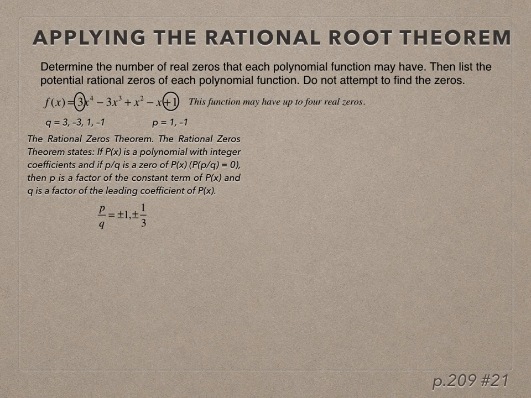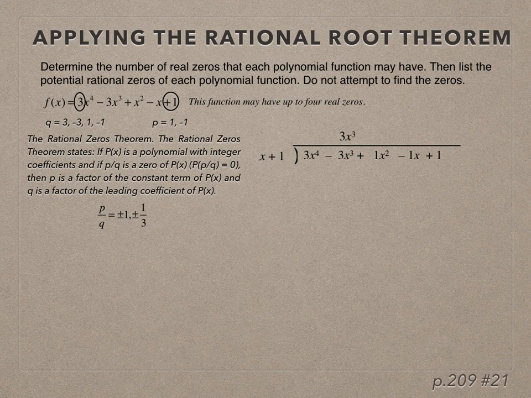Now, truly, I could stop there, but I did want to show you what this would look like if I took the polynomial function that was given and I assumed, and I wanted to test, is negative 1 a real zero of this function? If it is, then when I divide by x plus 1, I'd get a remainder of 0.